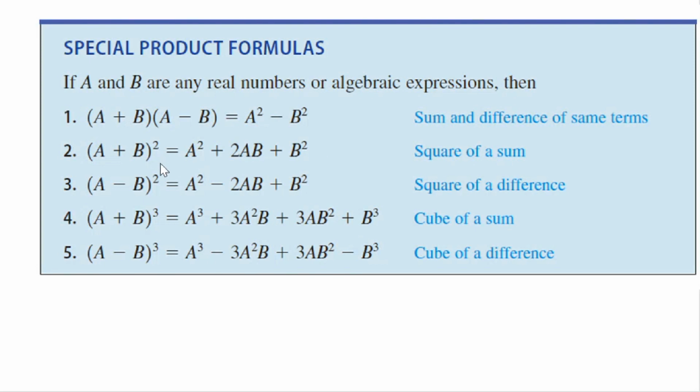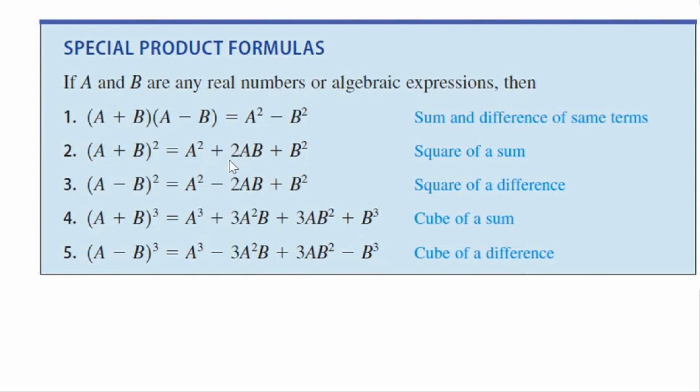If you expand the square of a binomial, the product is what we call the perfect square trinomial, whose characteristic is that the first and the last terms, A squared and B squared, are both perfect squares. And the middle term is twice the product of their square roots.